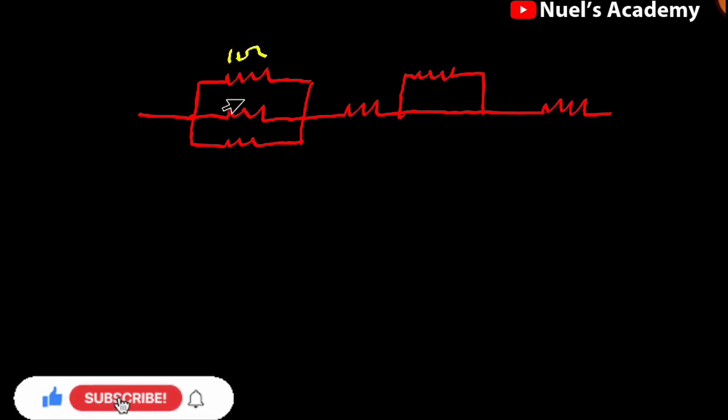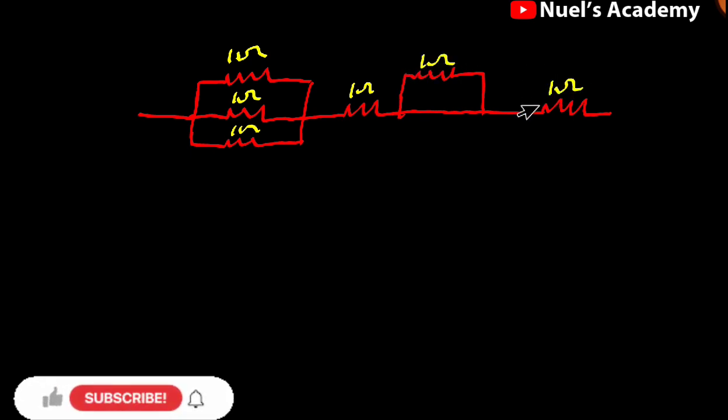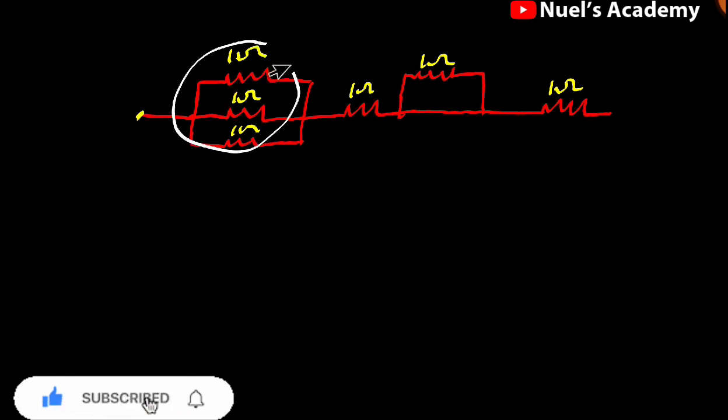So let's take all of them to be equal to 1 ohm for easy computation. Now we are going to focus on this part first. Let's reduce this parallel connection. So I want you to pause this video and try this question.